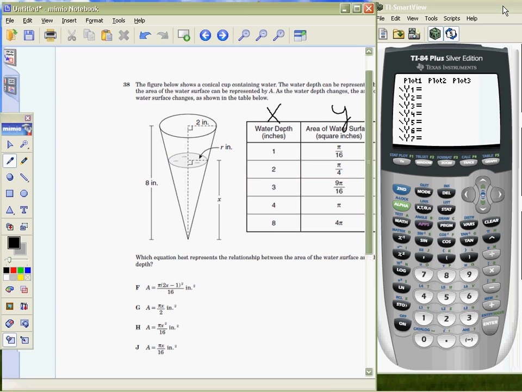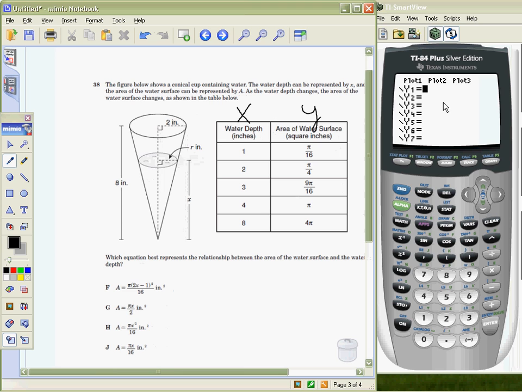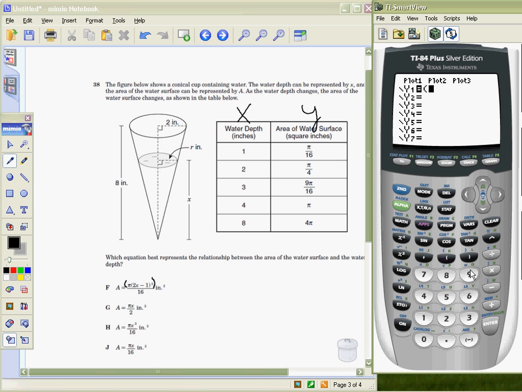Okay, so let's start with y equals, and let's put answer choice F into y equals. Remember, we want to use parentheses when we're dealing with fractions. Put the top in parentheses and then the bottom. Since it's just one number, no need to put it in parentheses. Divided by 16.